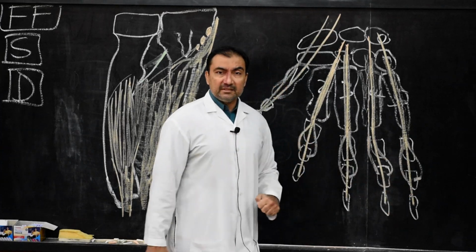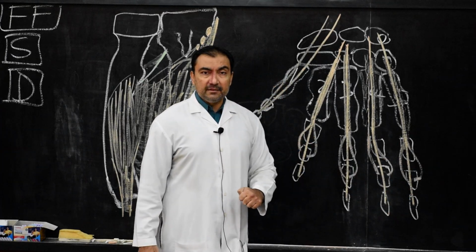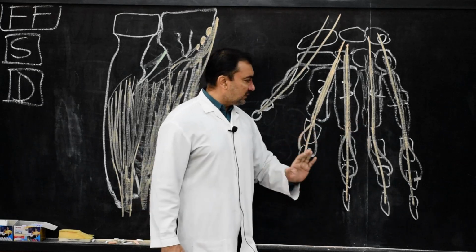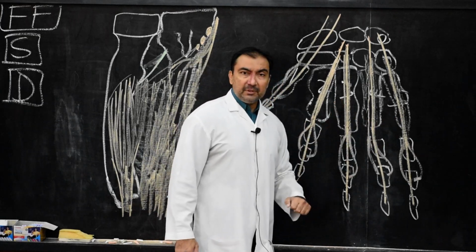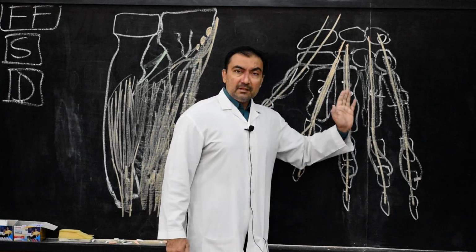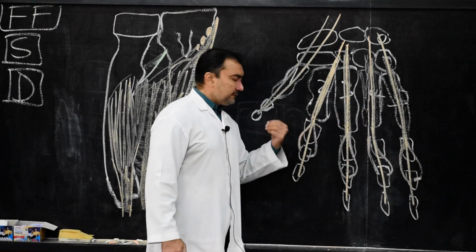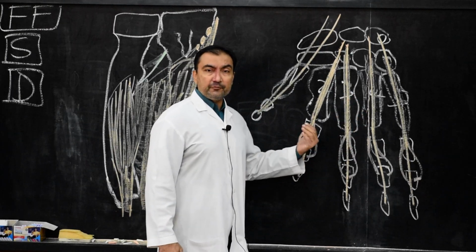What is the nerve supply of flexor digitorum profundus, which is asked in MCQs? Very interesting. The medial half is supplied by the ulnar nerve, and the lateral half is supplied by the anterior interosseous branch of the median nerve.